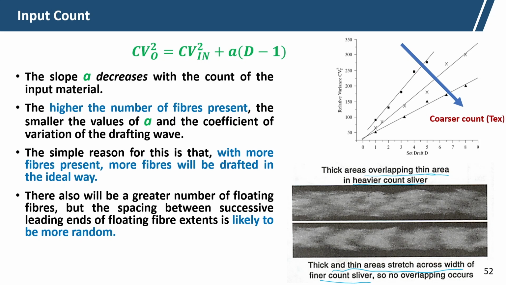That means, in case the number of fibers is more, there is a probability that the thick area is being overlapped with the thin area. So, that will result in the reduction in the count CV%, whereas in case of the thin sliver, during drafting, the chance of overlap is not there.